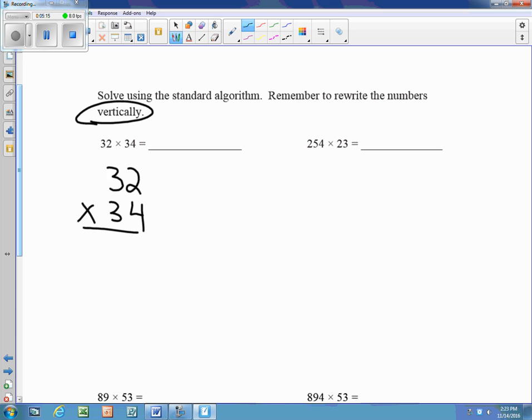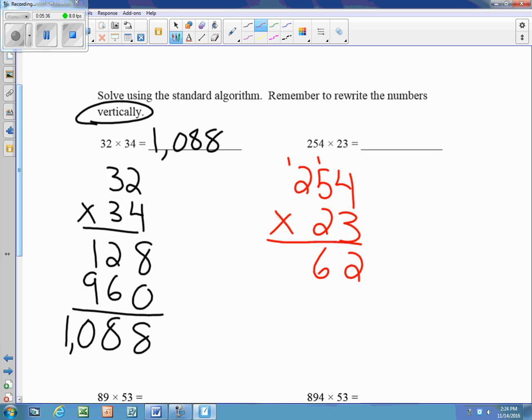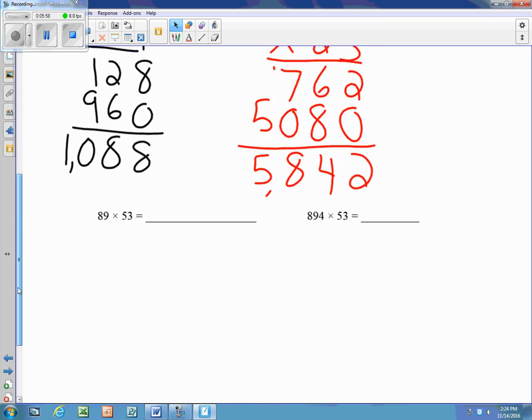Notice it does say to rewrite vertically, so you must do that. Next one. Bottom two.